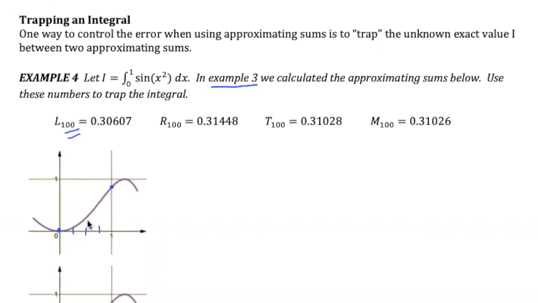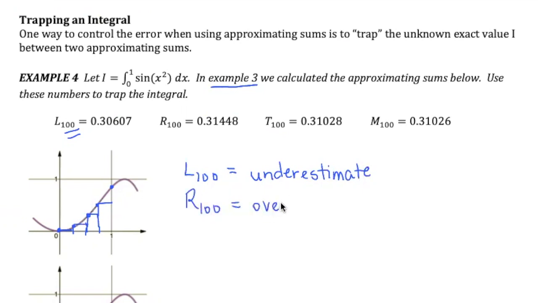If I were to draw the left Riemann sum, it would look like this, where the left endpoints are on the function. And you can see that that creates an underestimate because this curve is increasing. So this one is an underestimate, and the right approximation turns out to be an overestimate.